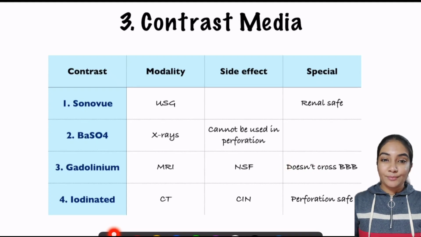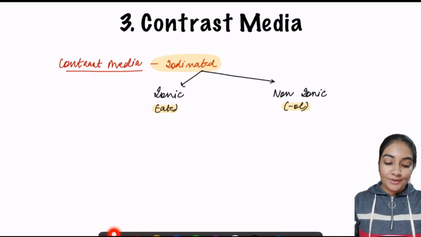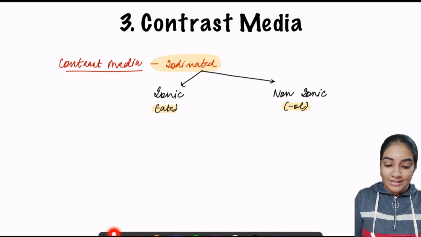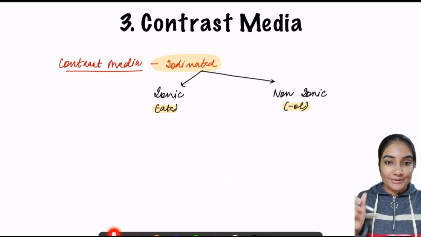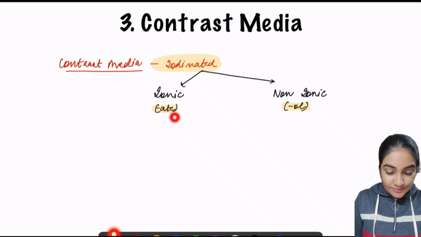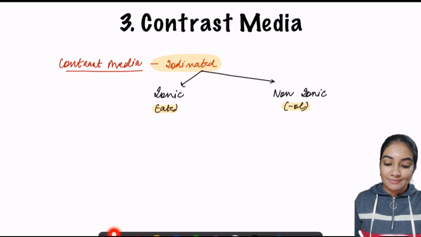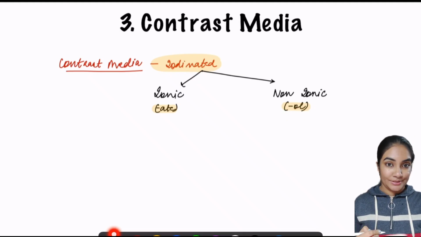Okay, now a little more about iodinated contrast. Iodinated contrast can be of 2 types, ionic or non-ionic. Ionics, their names end with 8, whereas non-ionic names end with ol. Within this, we also have monomers and dimers.